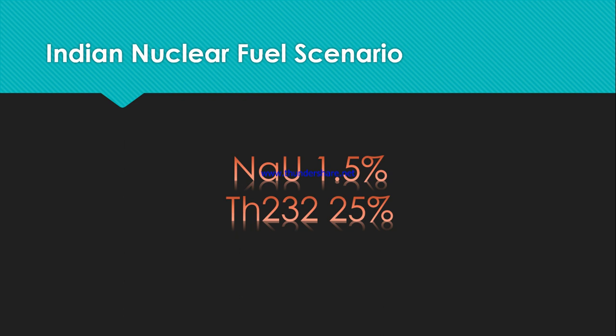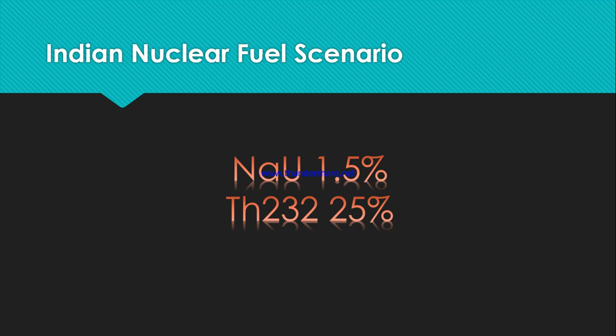The natural uranium available in India is only around 1 to 2% of the global reserve. You know, natural uranium contains uranium 235 and 238.